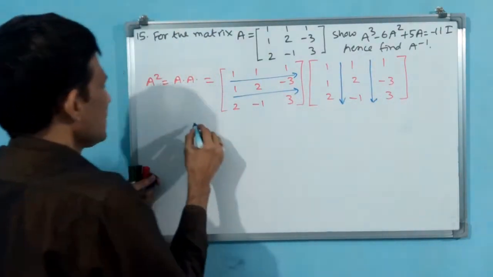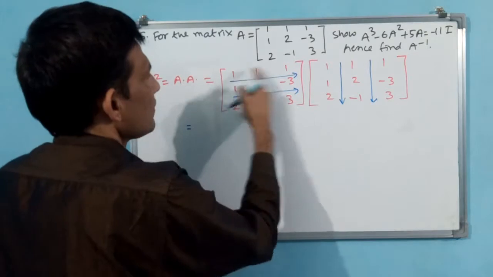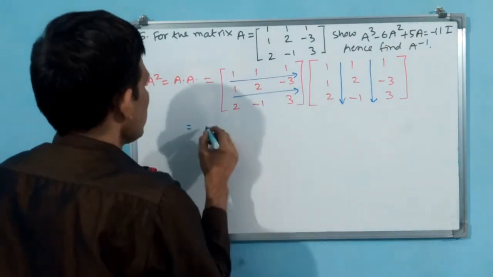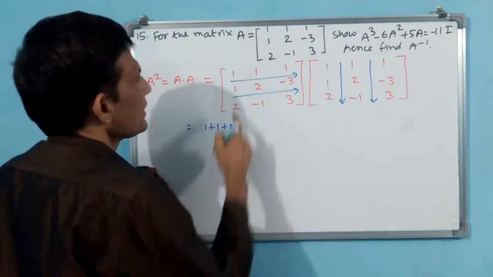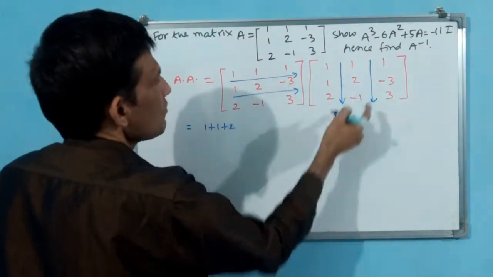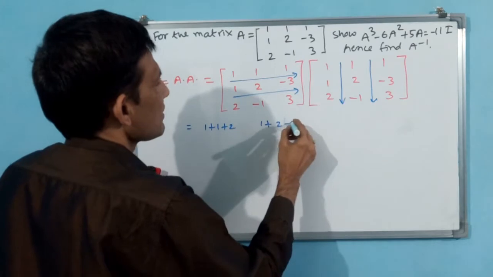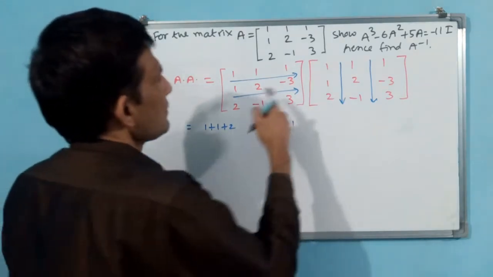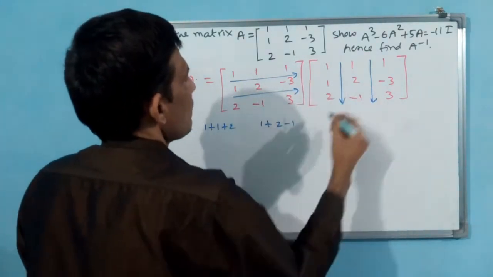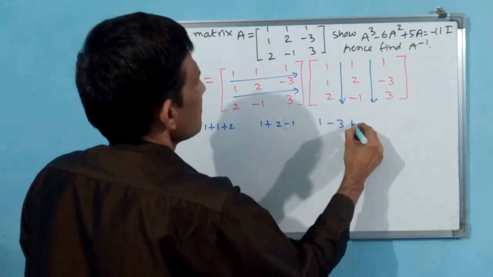Now do the calculation. 1, 1, 2: 1 plus 1 plus 2. Then 1 plus 2 minus 1. Then 1 minus 3 plus 3.